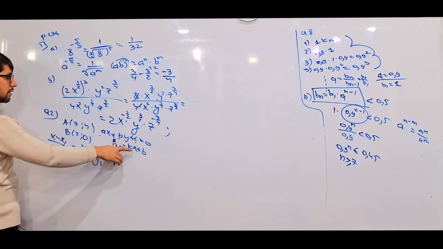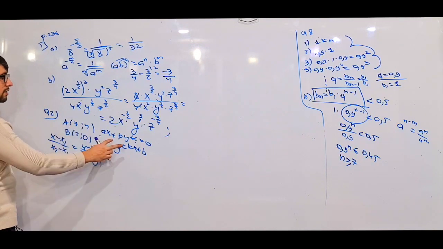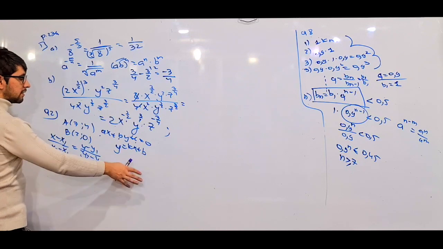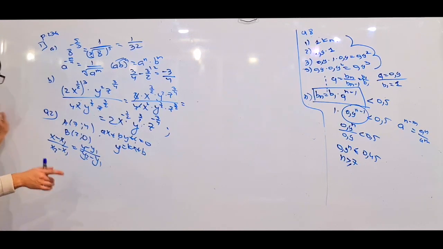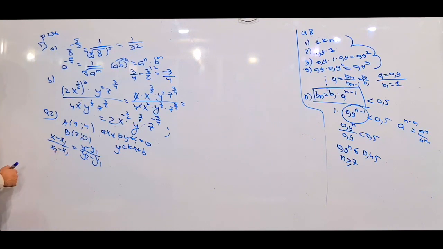First time you plug in your A coordinates, and for the second time you replace your x with 2 and y with 0. Solving the system will help you to find k, the gradient, and b, constant number, right? Or you can go with this formula.